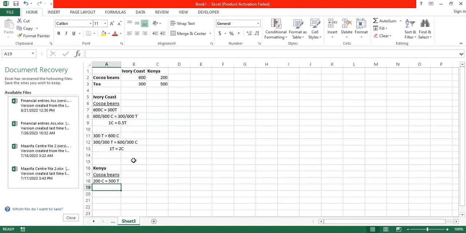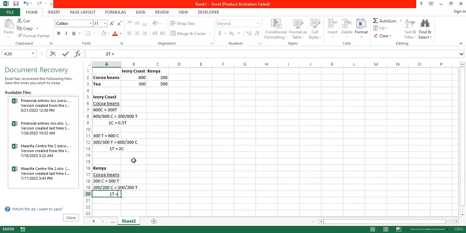We'll say 200 divide by 200. Let me count. And is equal to, what is it? 500. 100 divide by 200 T. Okay, so what do you remain with?